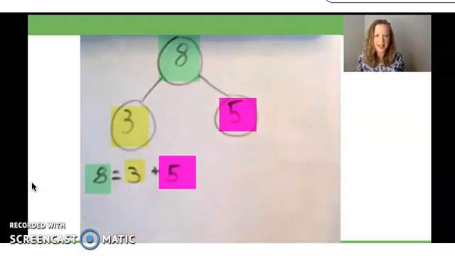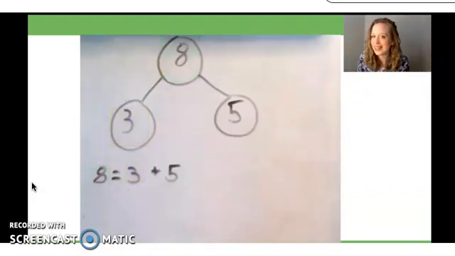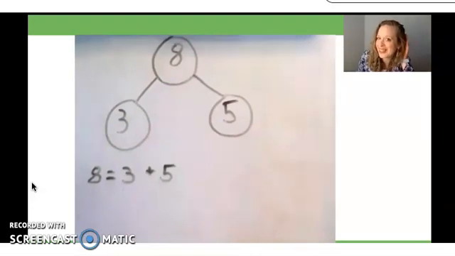Did anybody write it a different way? If you wrote it a different way, I want you to touch your ears. I see some of you touching your ears, so I knew you wrote it a different way. How did you write it? Lean in and tell the computer. Remember, I'm listening with my ears.